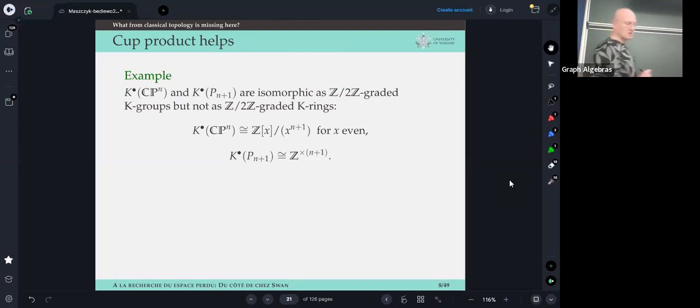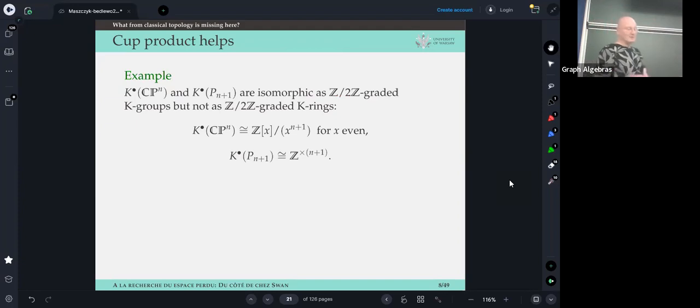So the argument now is different. Since every K equivalence in the classical situation must preserve this cup product, we cannot distinguish the plain abelian group structure of K theory, but we can distinguish this multiplicative structure, the ring structure.